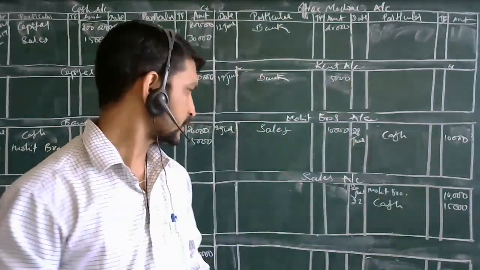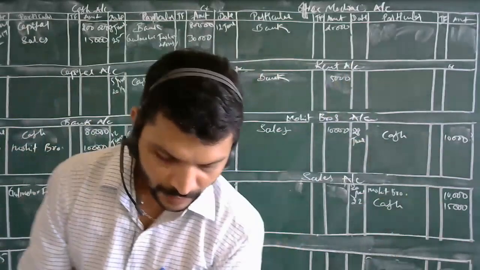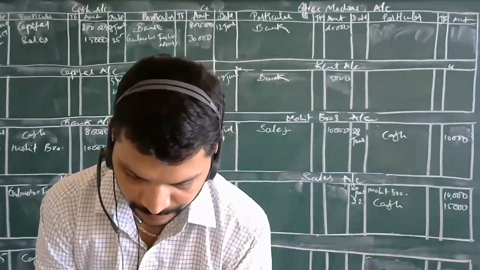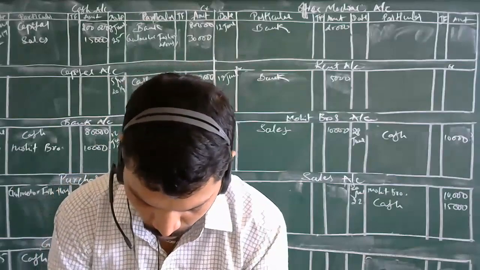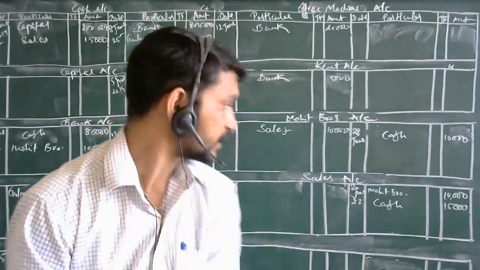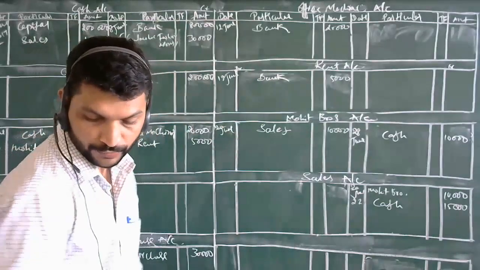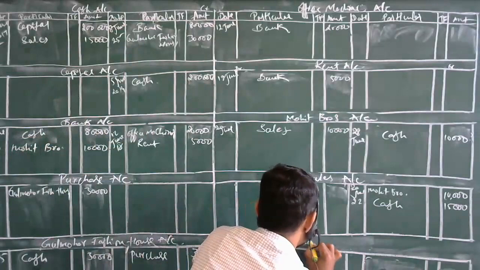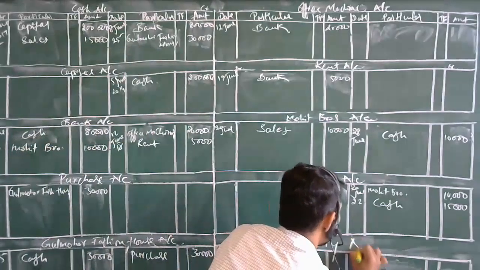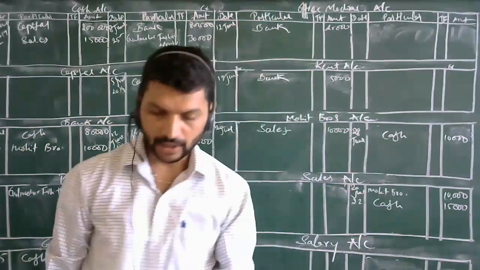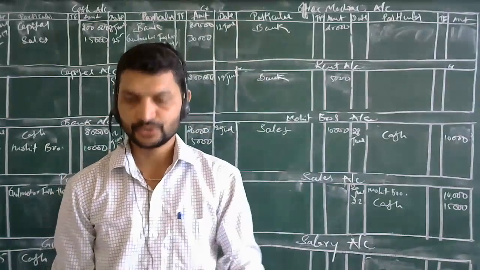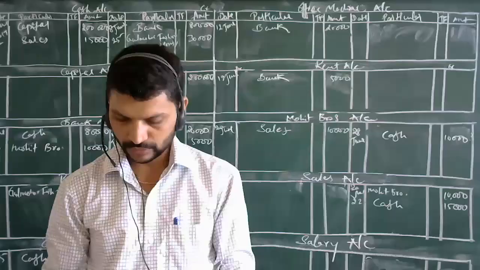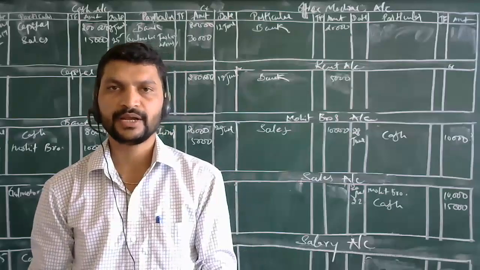Then the last journal entry over here: salary paid in cash. You are going to open the salary account over here. What will be the journal entry? Salary account debit to cash account, the salary which you paid in cash.